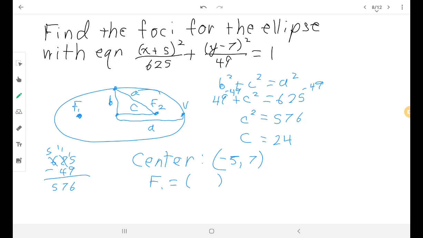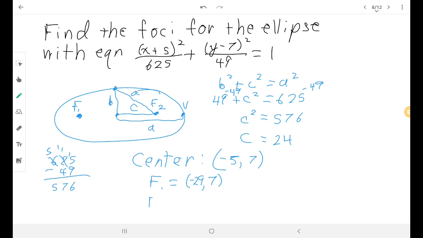So for number 1, I'm not changing the y. And I want to move from -5 in the negative direction by 24 because of that 24 right there. So if I move back another 24, that'll be -29, right?